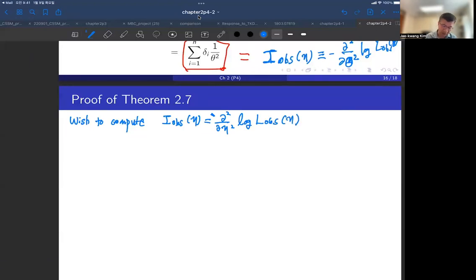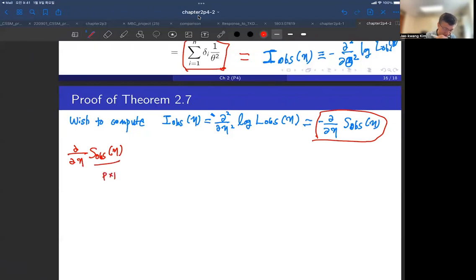So we wish to compute, which is actually minus the derivative with respect to eta of the observed score. We'll use this formula. To be rigorous, this is a p by 1 vector, so this should be transposed if you are going to talk about a vector parameter.